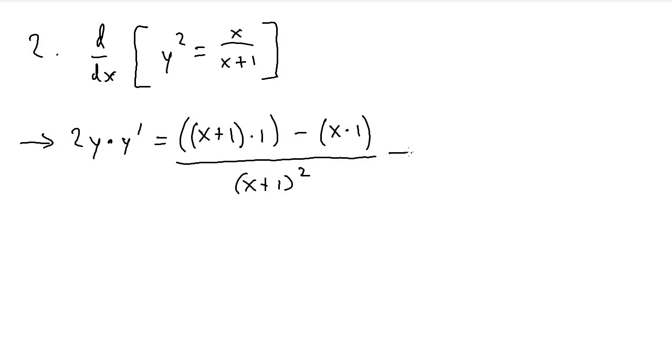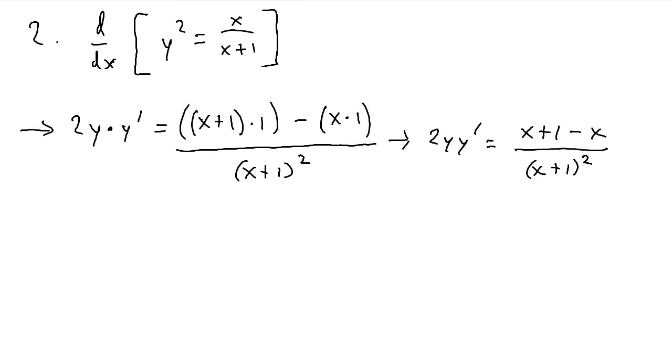Now if I were to simplify both sides of the equation, 2y times y prime is 2y y prime. x plus 1 times 1 is just x plus 1, minus x times 1, which is x, over x plus 1 squared.